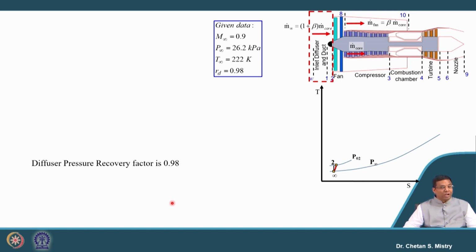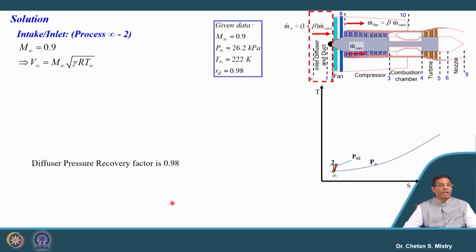Now, in order to calculate that entry total pressure, we need to go with the isentropic relation. So, here in this case, this process is infinity to 2. Since here the M infinity value is given as 0.9, we can calculate our velocity. This velocity is coming to be 268.8 meter per second.